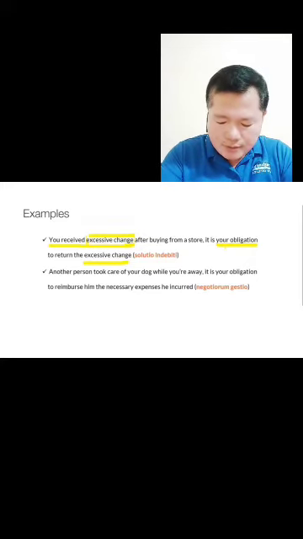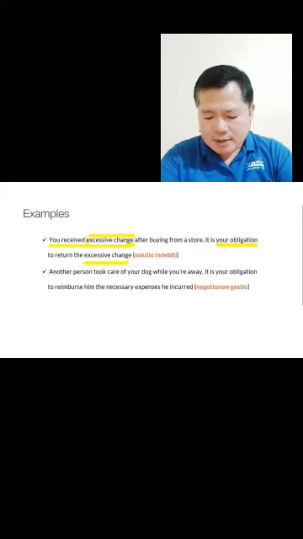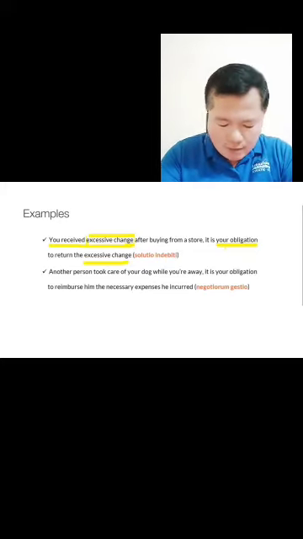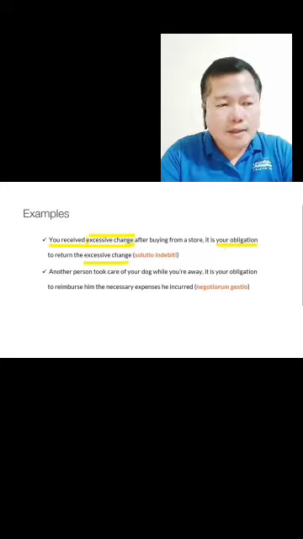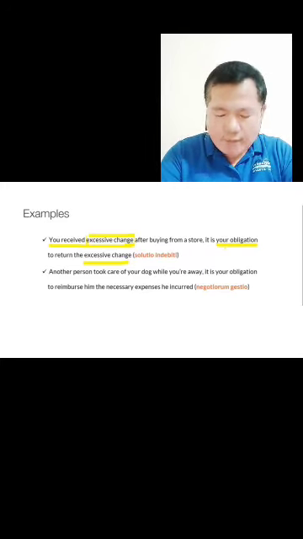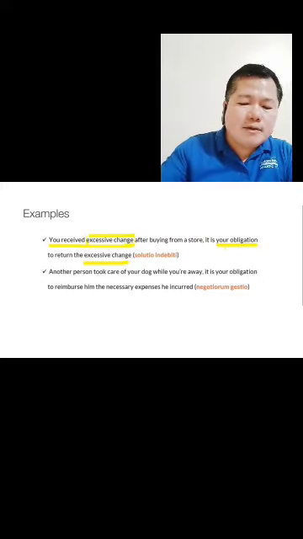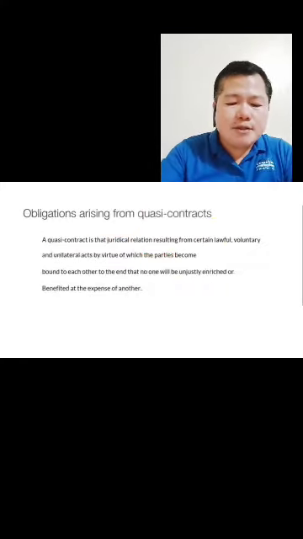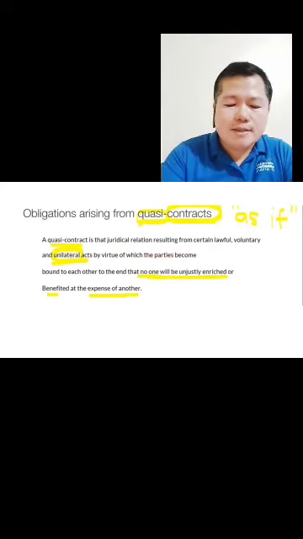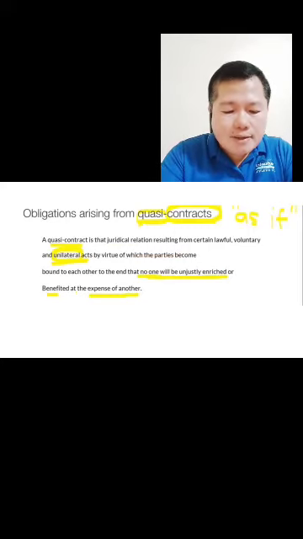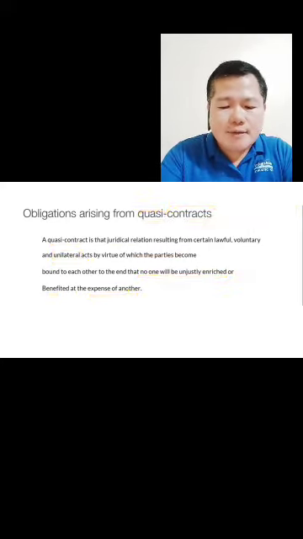So hindi po ito contract. Pero even if there is no contract, you can still have obligation because of this quasi-contract. The core principle of this quasi-contract is, as I mentioned earlier, no one would be unjustly enriched at the expense of another.